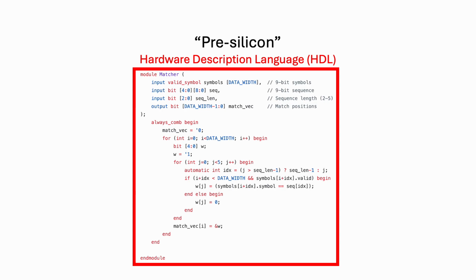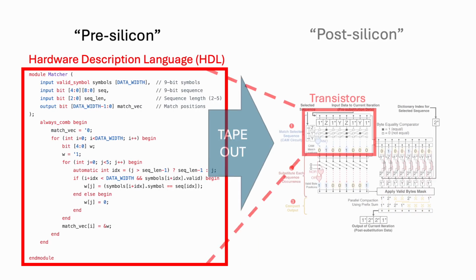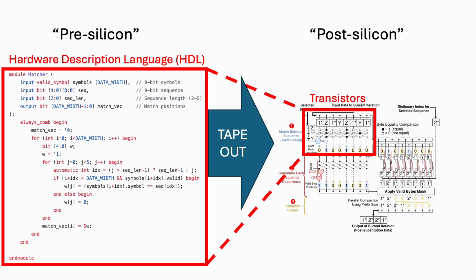People refer to this software side as pre-silicon because you can still patch things and fix bugs in that stage. But then there's a process called tape out, where you're actually mapping this hardware description language to a netlist and then eventually transistors on an integrated circuit.